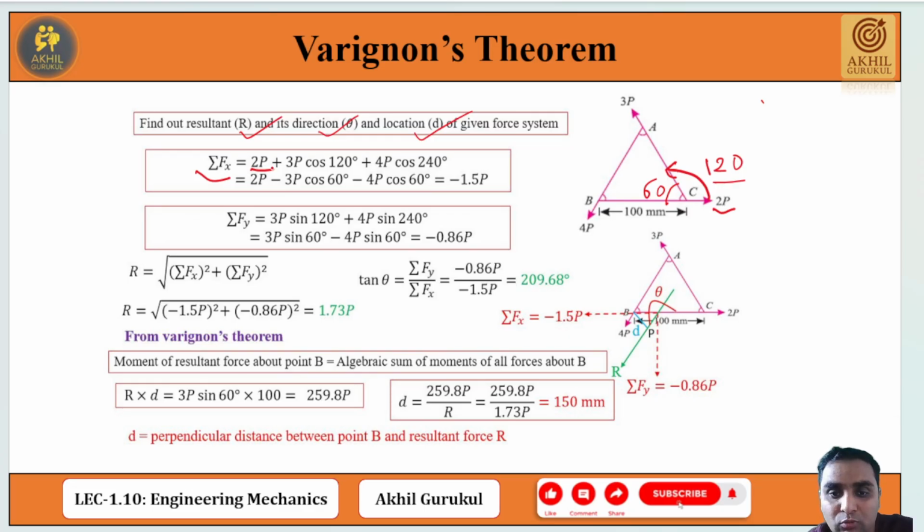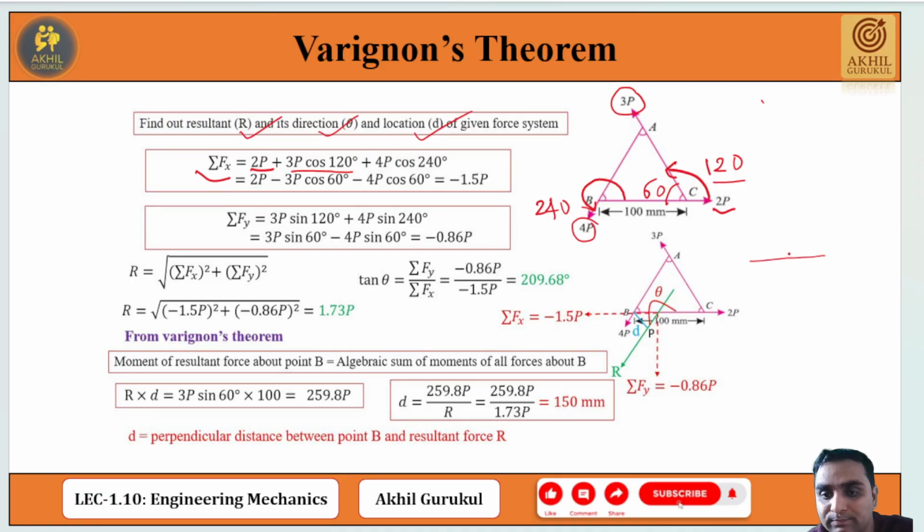So we can write 2P plus 3P cos 120, the horizontal component of 3P. Then 4P Newton is making angle 240 from positive x-axis in anti-clockwise.